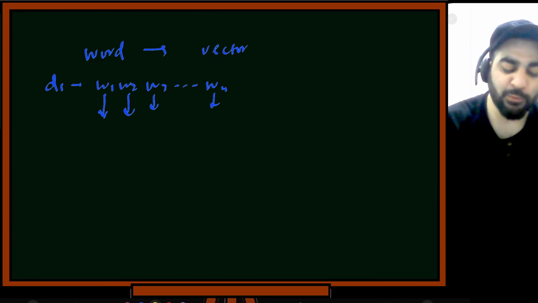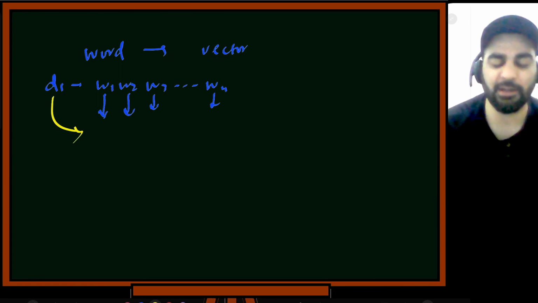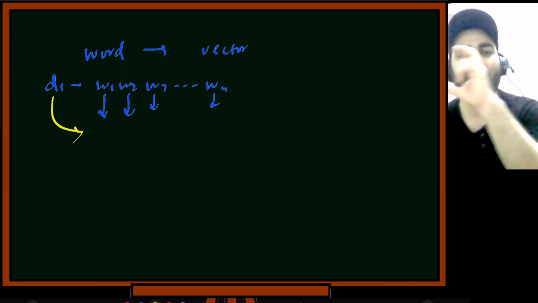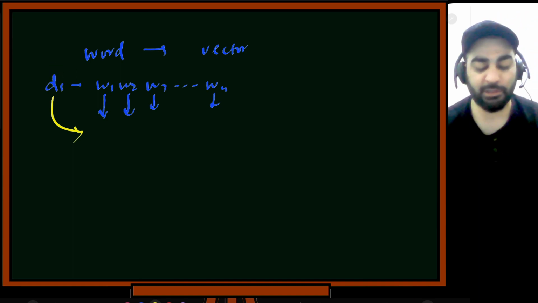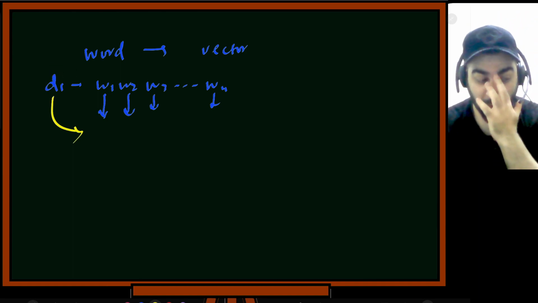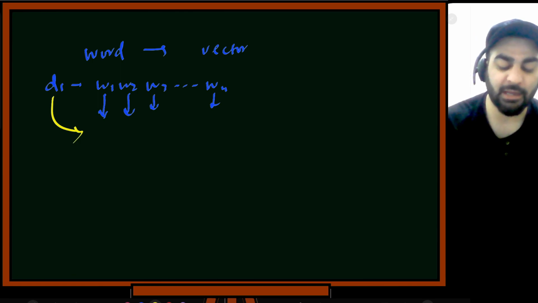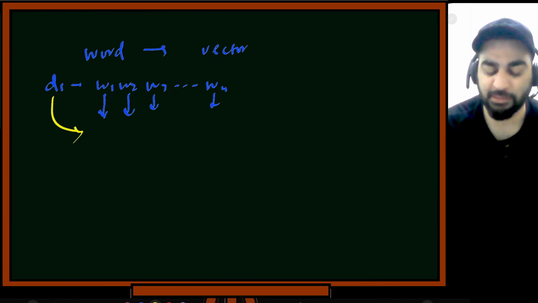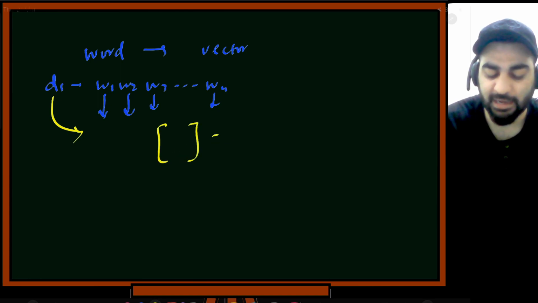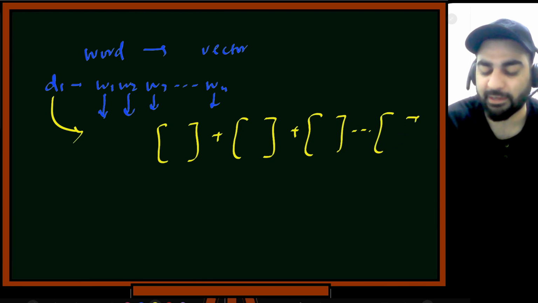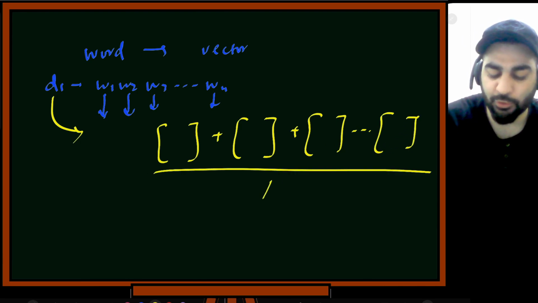So now how to convert this document into a vector. You saw that corresponding to a word I have a vector. Actually what I want is a vector corresponding to a whole document. So how to do that? The first technique is to take just an average, not even weighted. You take w1's vector, add w2 vector plus w3 vector, and so on till wn vector, and then divide by the number of words.